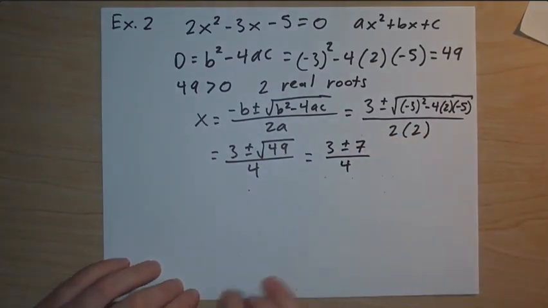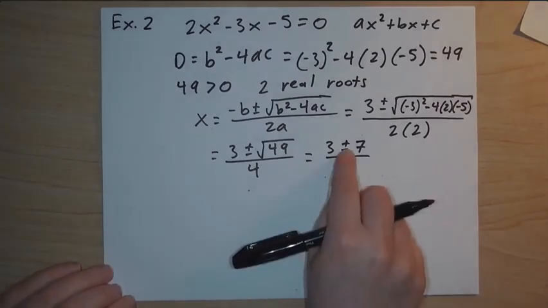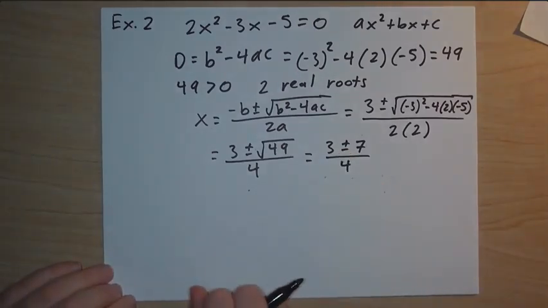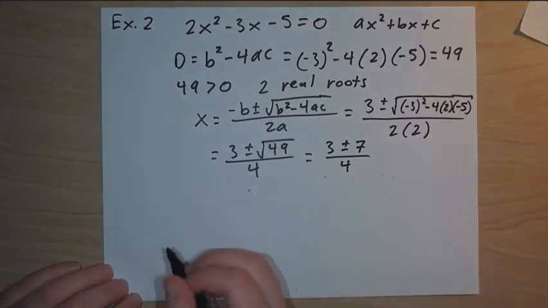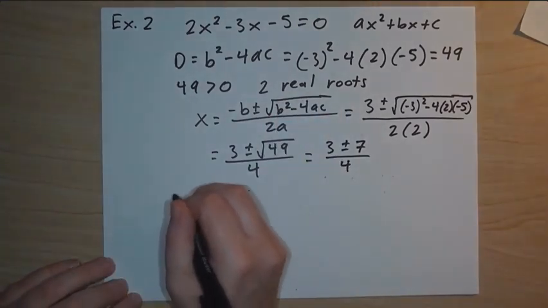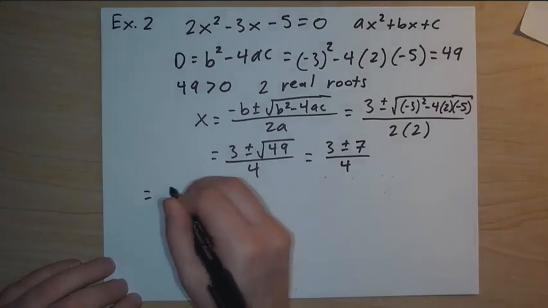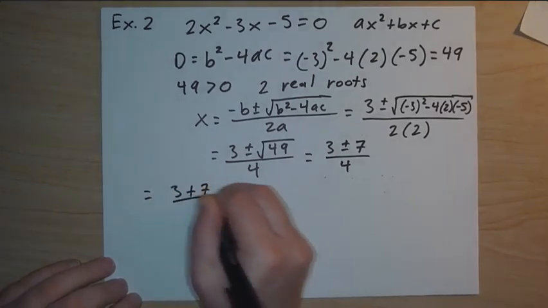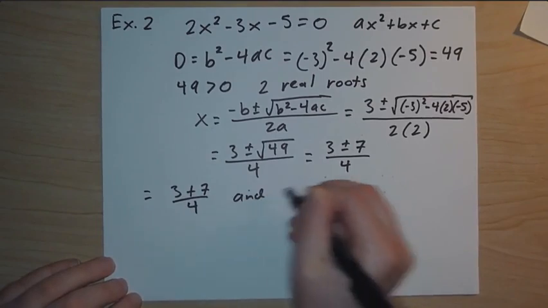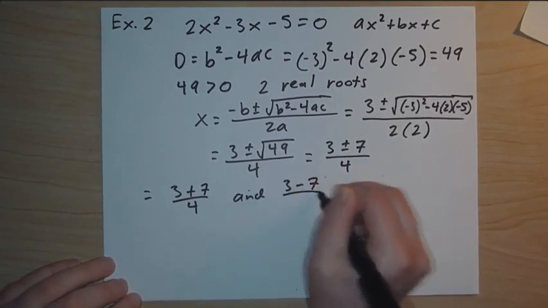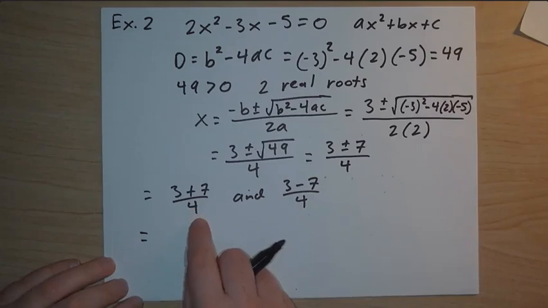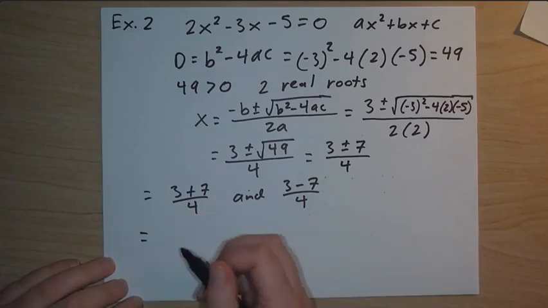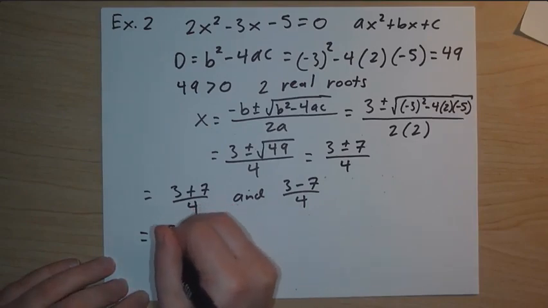Now that we have it simplified to this extent, we're going to separate it based on the plus and minus. We're going to get two different solutions because we have two real roots, which is what we expect. So we have 3 plus 7 divided by 4 and 3 minus 7 divided by 4. 3 plus 7 is 10 divided by 4. 10 over 4 simplifies to 5 over 2.